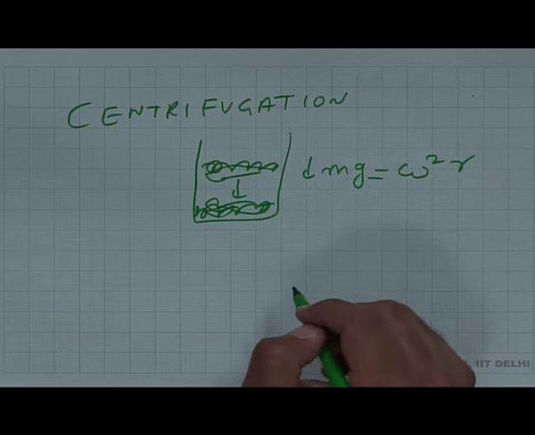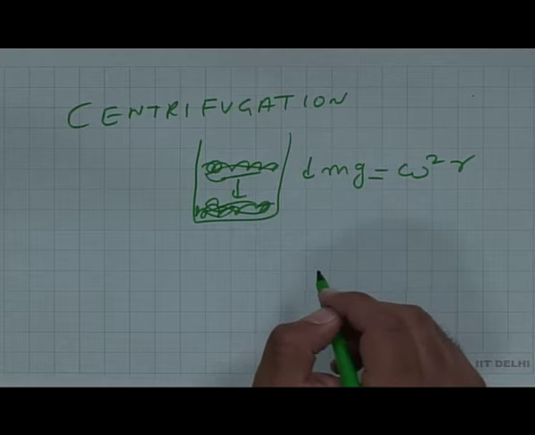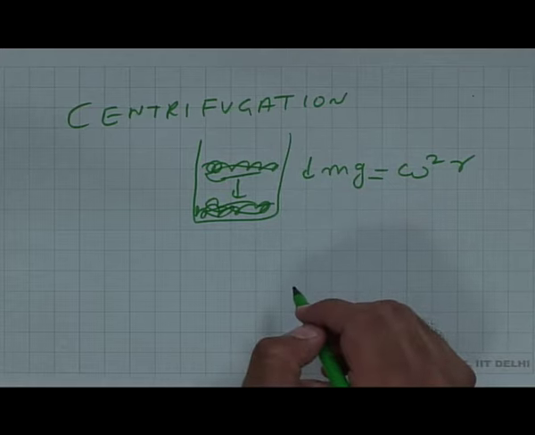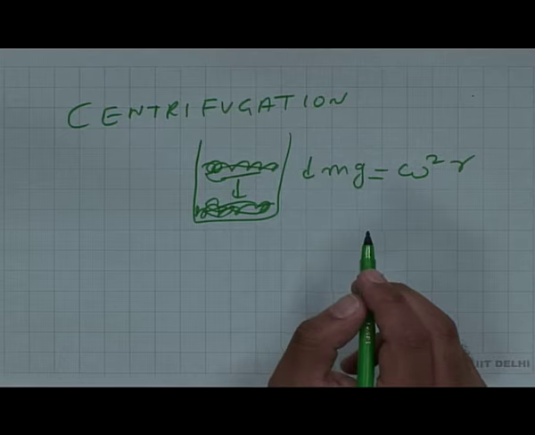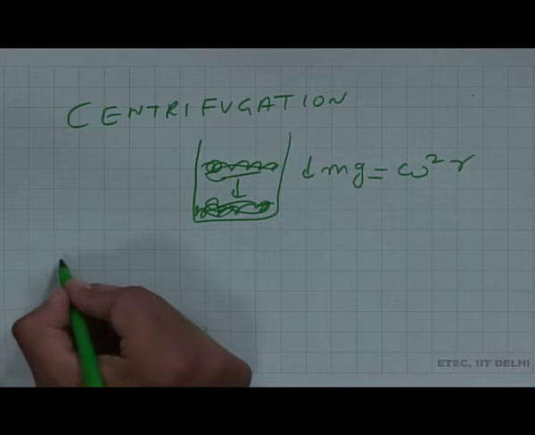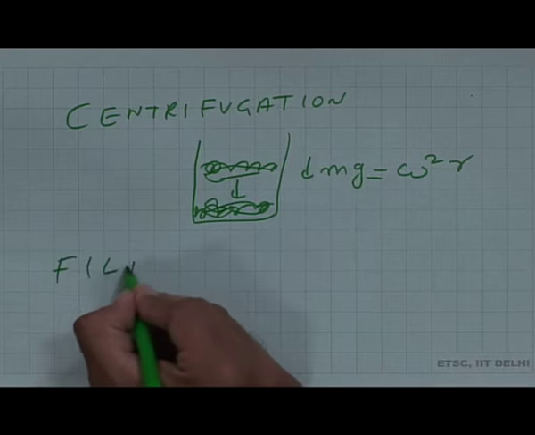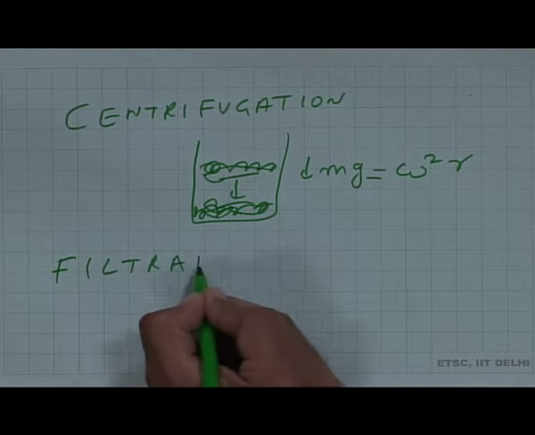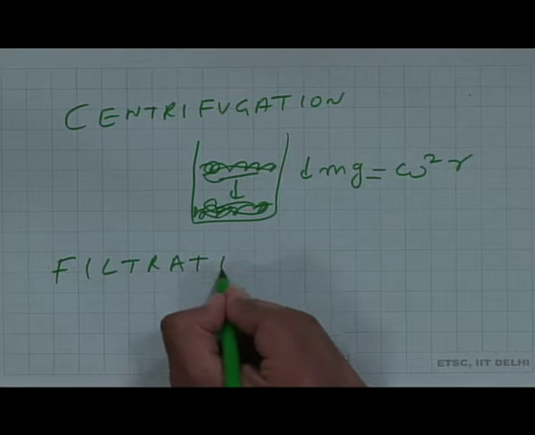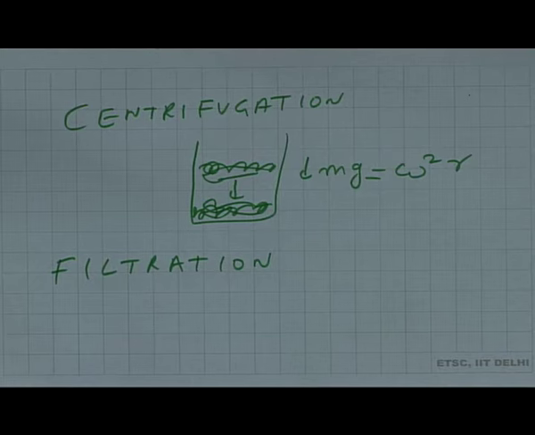So, this is one property that we can use to separate biomass and penicillin. On the same lines, you can also use filtration.